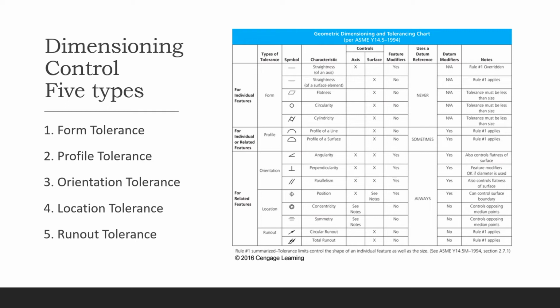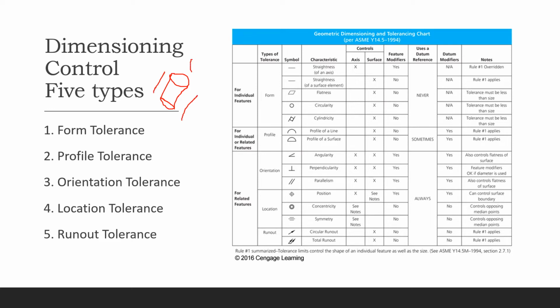We divide that into 5, and the first one we call form. Any kind of form: it can be straight, flat, circular, or cylindrical. If you measure, let's say, a cylinder shape, your tolerance zone is going to be along that shape.